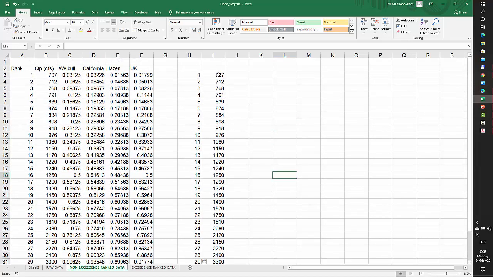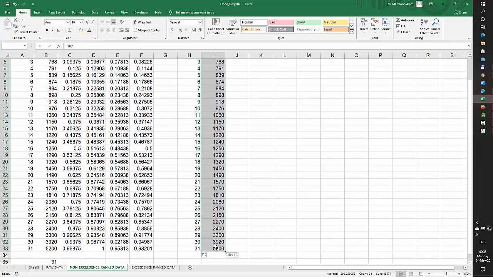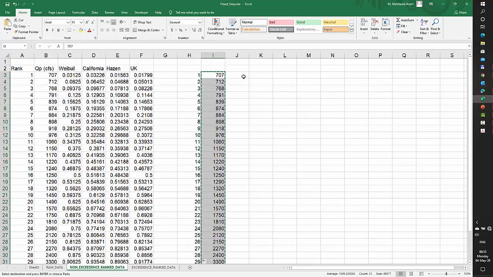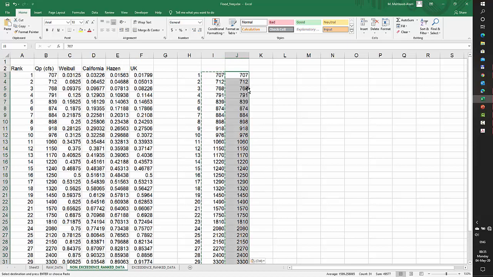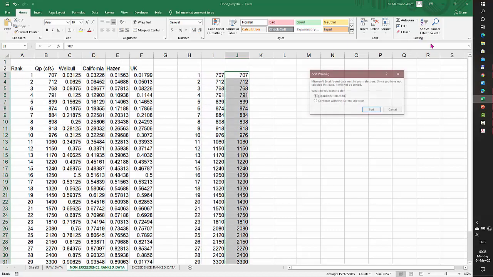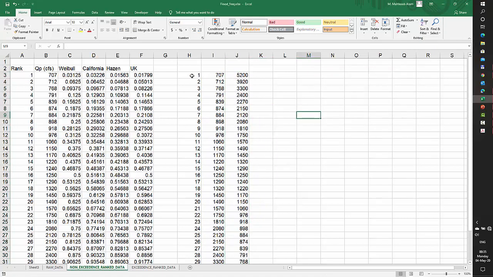Obviously, if I copy this again, paste it here, and order it in descending order, then this is rank 1, this is rank 2 and rank 3.